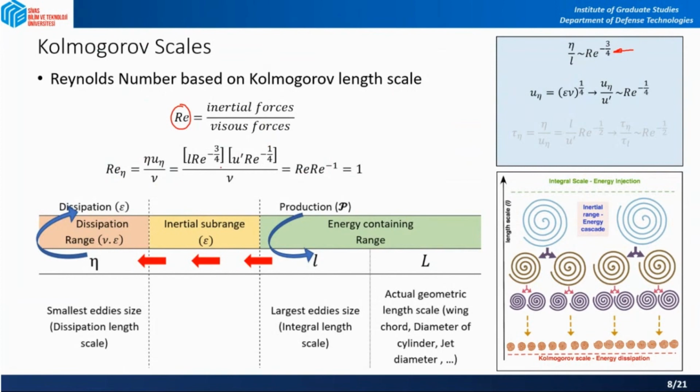And this equation here does not mean the Reynolds number of the smallest eddies is equal to 1. The order of magnitude of it is 1. So if you are one of those very, very smallest eddies, you would feel yourself inside a very, very viscous flow, like you would feel yourself inside honey.